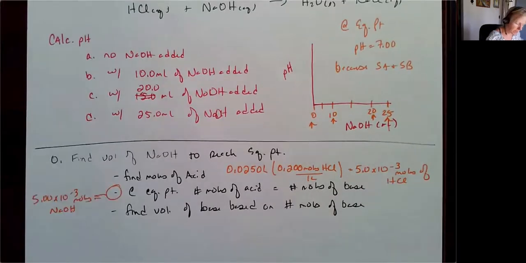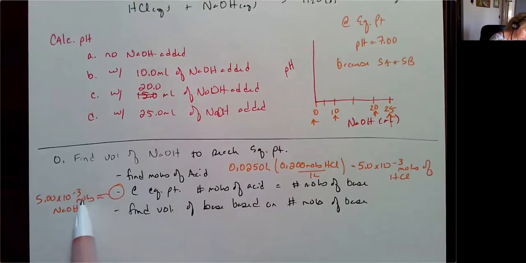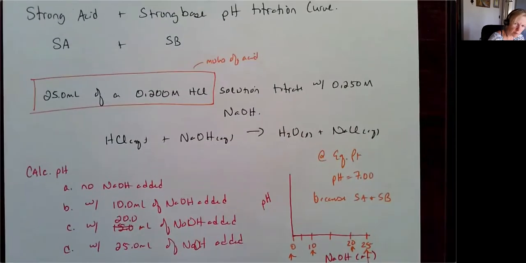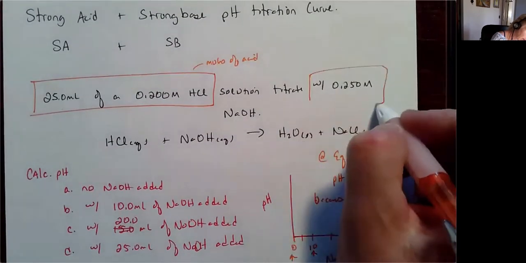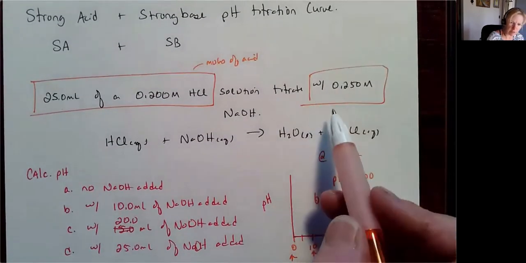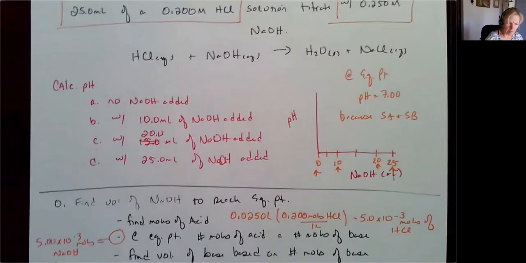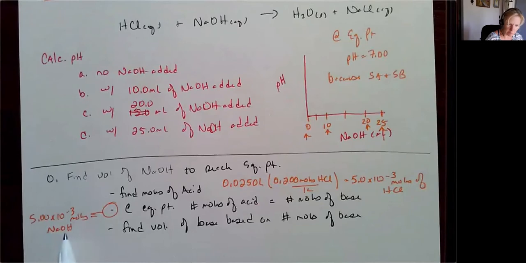Okay, so I'm going to need 5 times 10 to the minus 3rd moles of sodium hydroxide to react all of this acid. And I want to know the volume of the base. So now to do this, I'm going to take the molarity of my base and use that to figure out how many milliliters of base I'm going to need to have added in this number of moles of base.